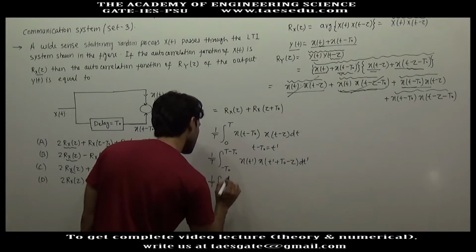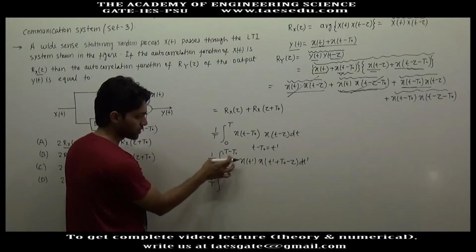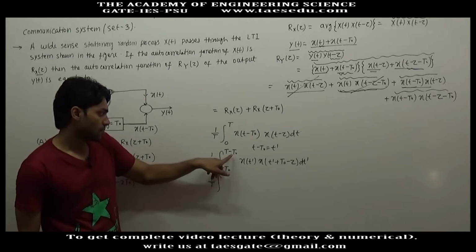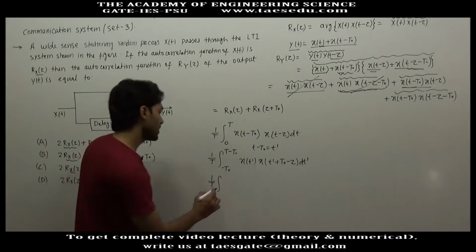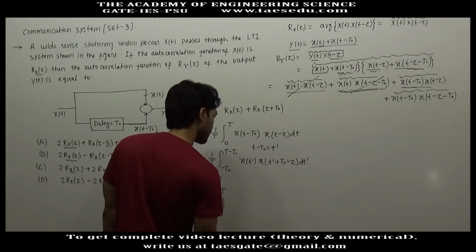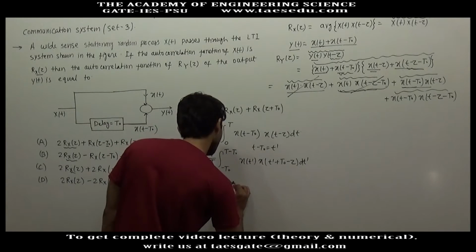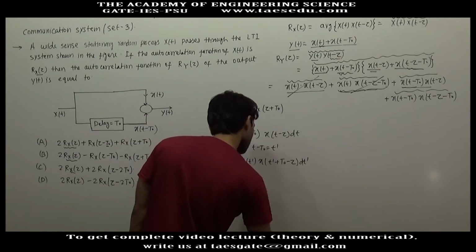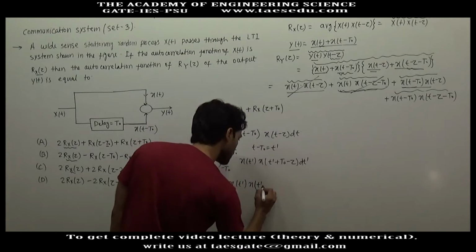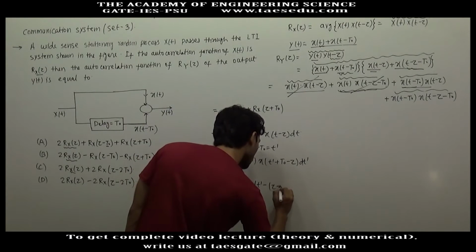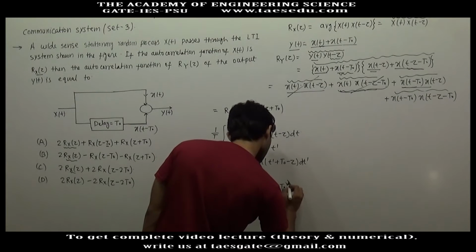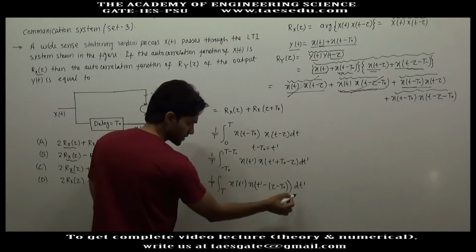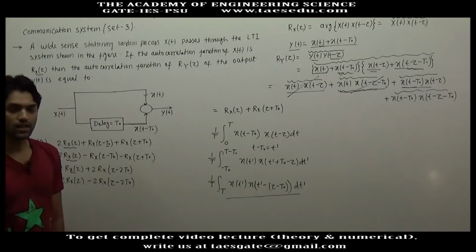1 by T. Again, the range of the integration: if you subtract the lower limit from the upper limit, minus t naught and minus t naught will be cancelled, and the range of integration will be capital T. This is x(t dash) times x(t dash minus tau minus t naught) dt dash. Now this expression is in the form of the autocorrelation function.